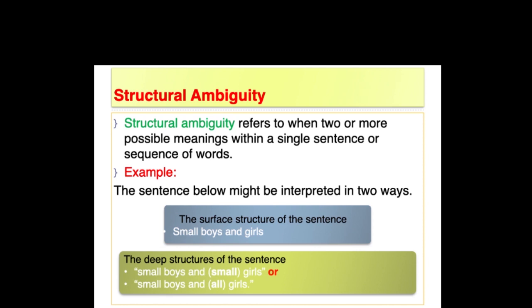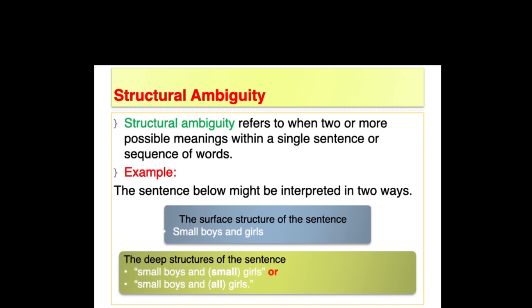Another thing we need to have a look at is what we call structural ambiguity. Sometimes with some sentences we tend to have different meanings. We can derive different meanings because the sentences have or imply different meanings.